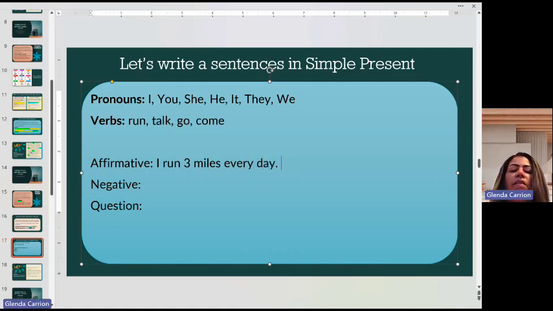Remember that these are things that are repetitive, right? I run 3 miles every day. It's repeating itself. Let's change that into negative. I do not run 3 miles every day.